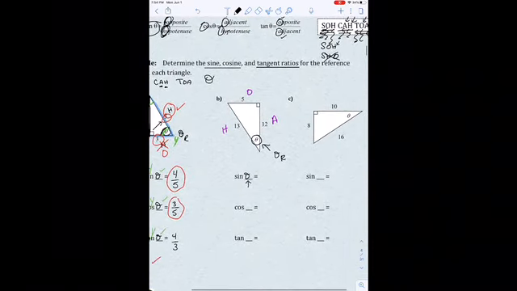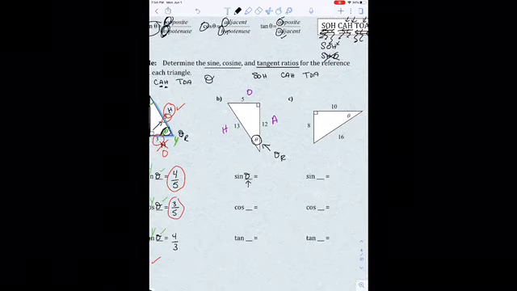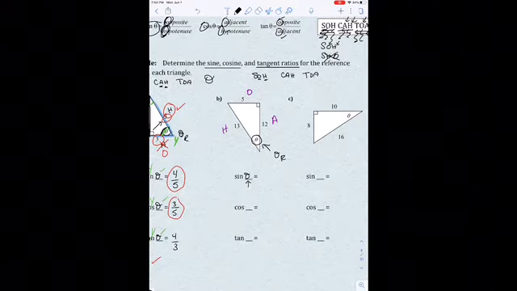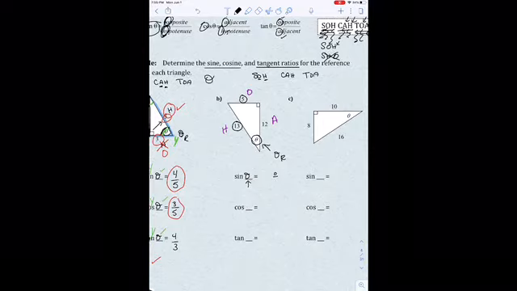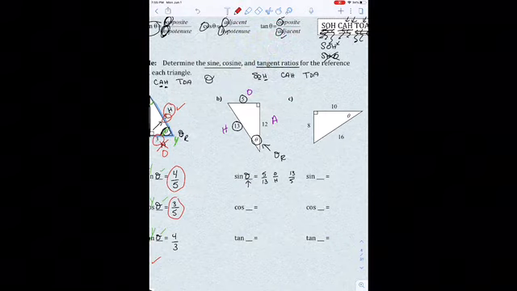So sine is, let's look at our acronym, SOHCAHTOA. Remember, it's opposite over hypotenuse. It can never be hypotenuse. So here, opposite is 5, hypotenuse is 13. That's got to be O over H. It can be 5 over 13. 13 over 5 would be so wrong.